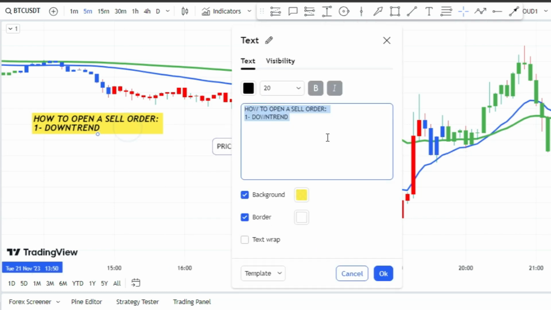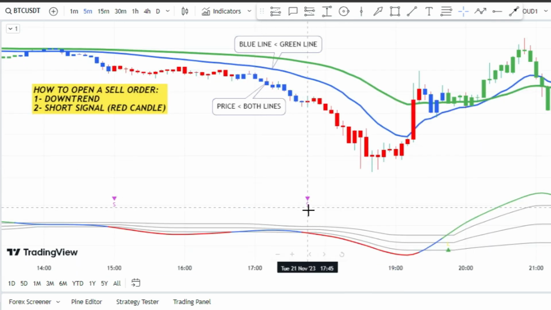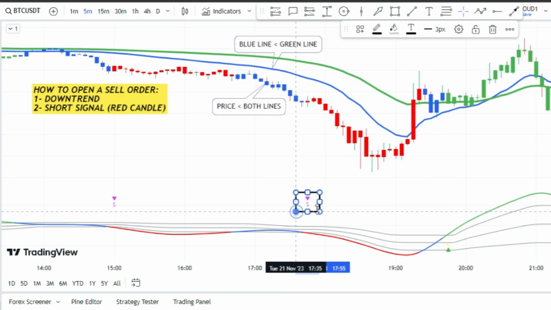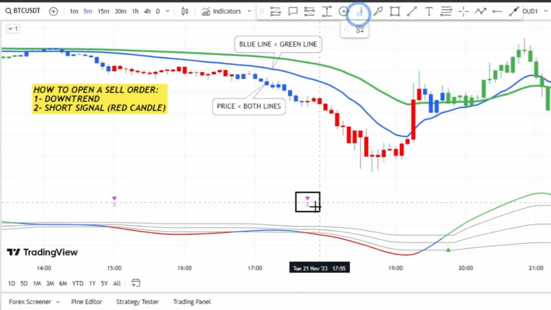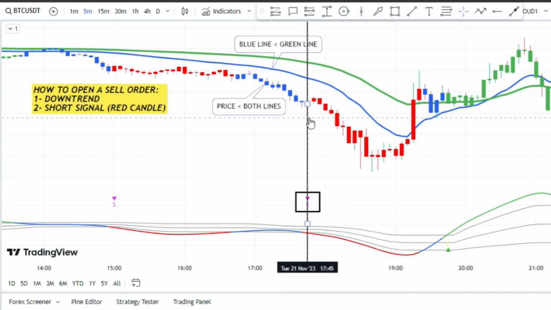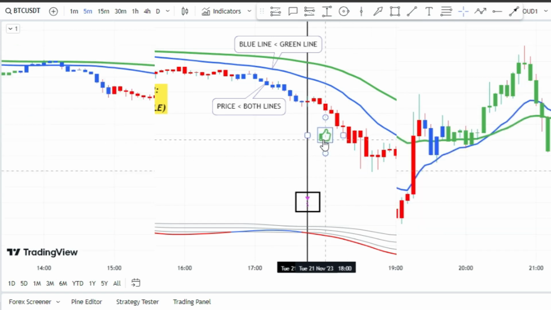Now it's time to sit tight and wait for a short signal, which is when the candle colors change to red. When you see this color change, it's your cue to make a short trade entry.